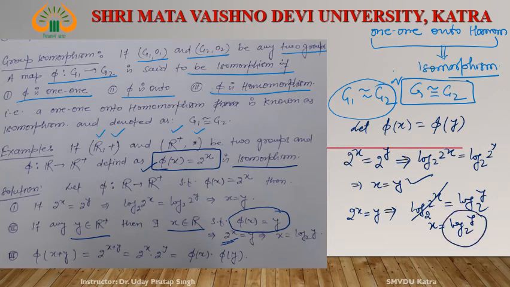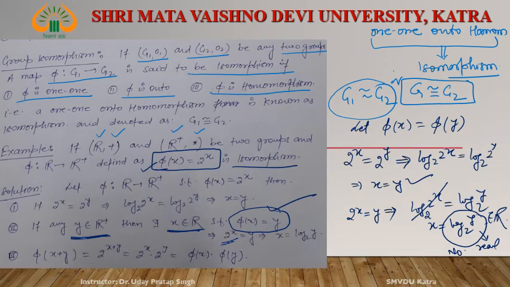What is this? This is a real number, right? Then this number belongs to R. It means for each y belonging to R plus, there exists a real number x such that phi of x is equal to y. Hence it is onto.